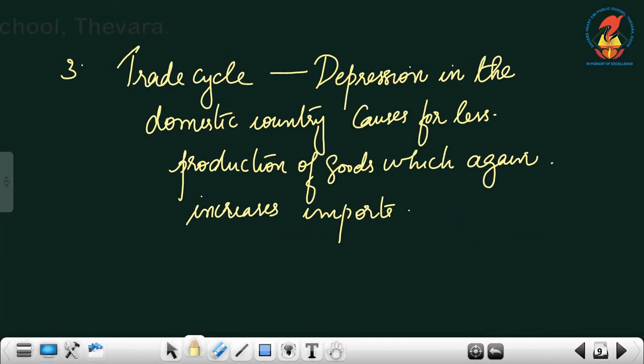Now, we will move on to the third economic factor, trade cycle. You know trade cycle: recession, boom, all these are the trade cycle, the economy moving in different situations. Now, if the economy is experiencing a depression, you know what is the feature of a depression?